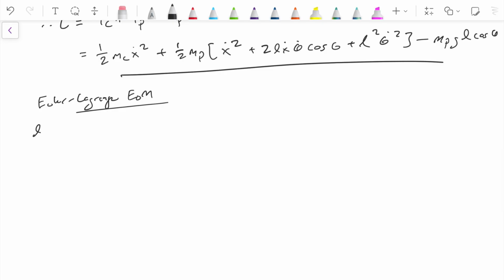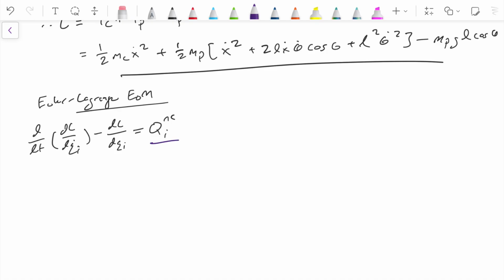The general form is d/dt of the partial of the Lagrangian with respect to the generalized coordinate's velocity, subtracted by the partial of L, our Lagrangian, with respect to our generalized coordinate i. That's equal to Q_NC,i, which is our non-conservative generalized force in the ith direction.